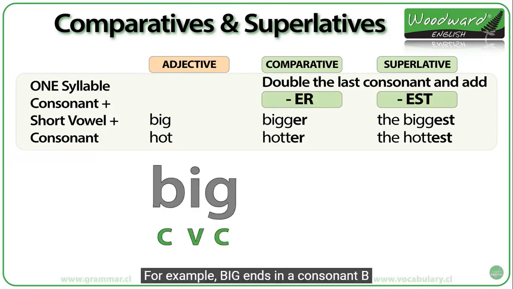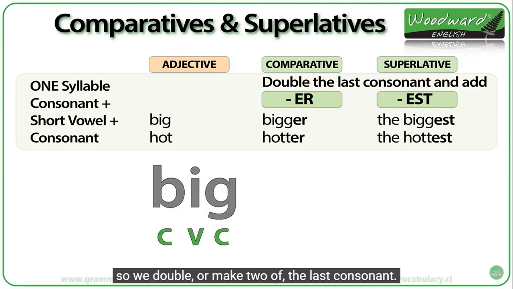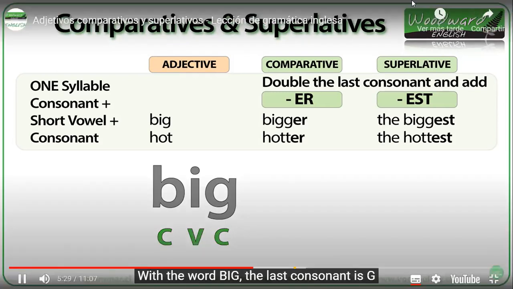For example, big ends in a consonant B, a short vowel I, and another consonant G. So we double, or make two, of the last consonant. With the word big, the last consonant is G. So we need two G's.